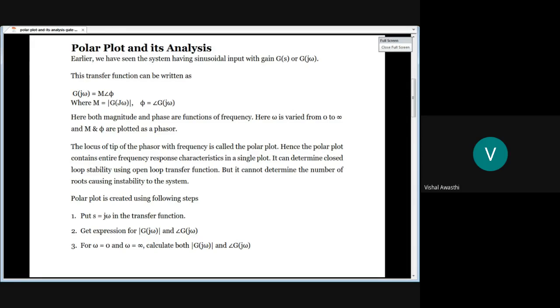These two, magnitude and phase, are functions of frequency, where frequency omega varies from 0 to infinity.